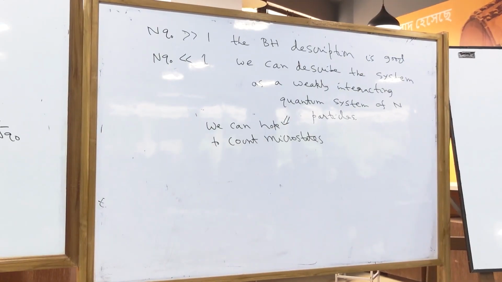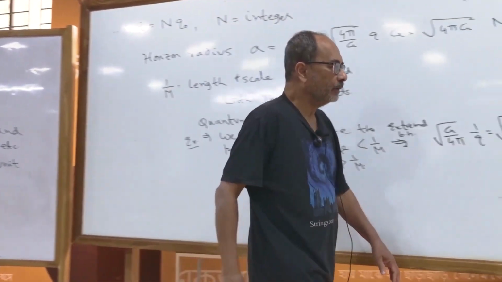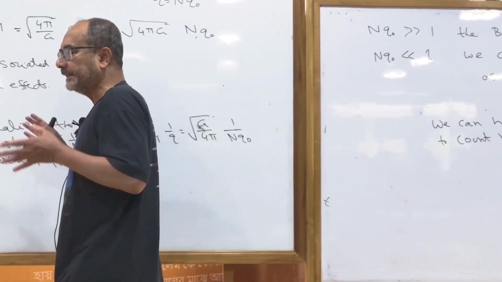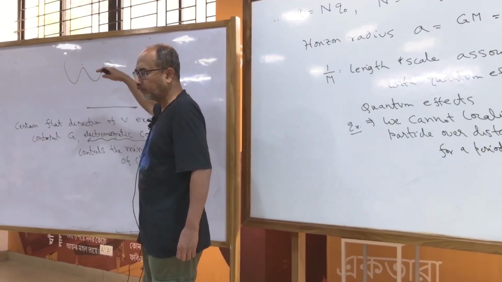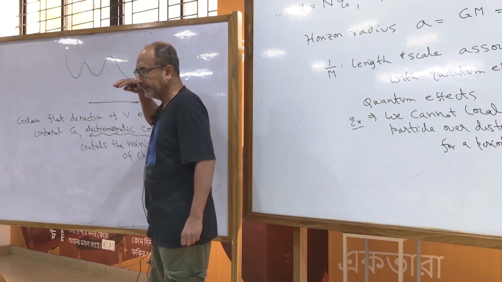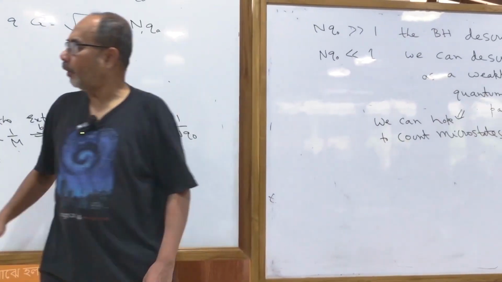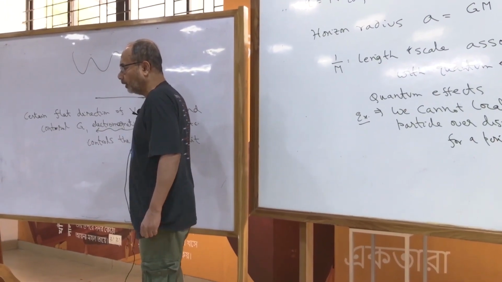But this may still not satisfy us, because it is true that we can count microstates here. But you remember that there are flat directions. We are varying those flat directions to go from large q naught to small q naught. So, this counting is done at some point along this flat direction where n q naught is small.